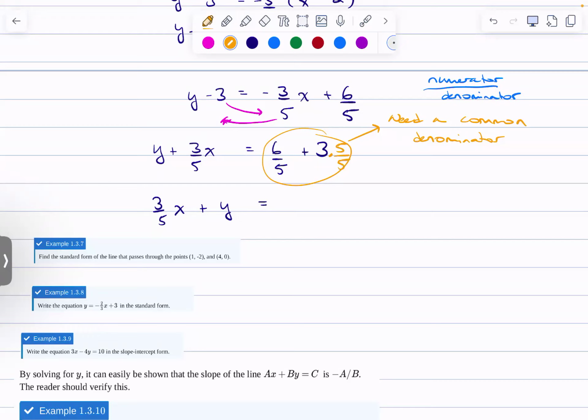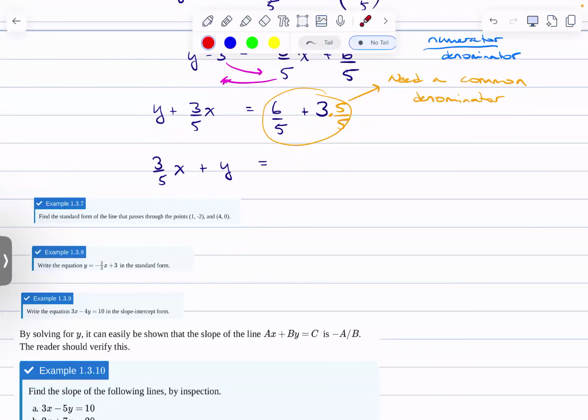This is where that fancy 1 comes in. Why am I allowed to do that? Multiply 3 by 5/5. 5/5 is just 1. I'm allowed to multiply things by 1. It doesn't change them, right? And so that's the trick.